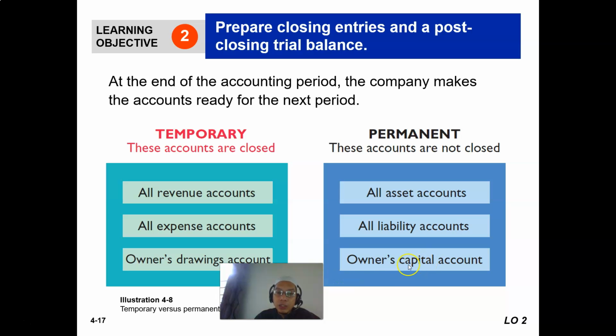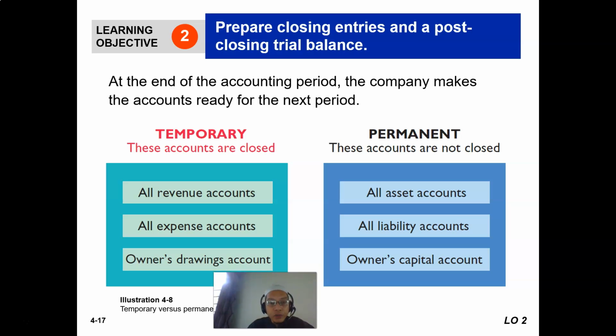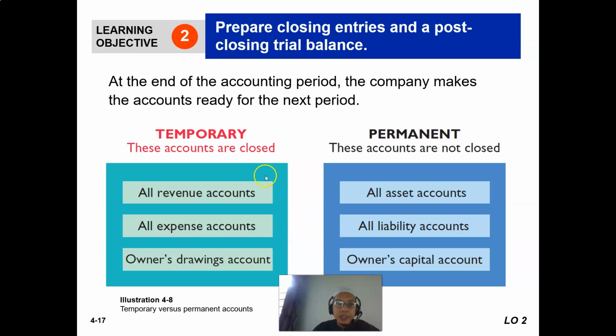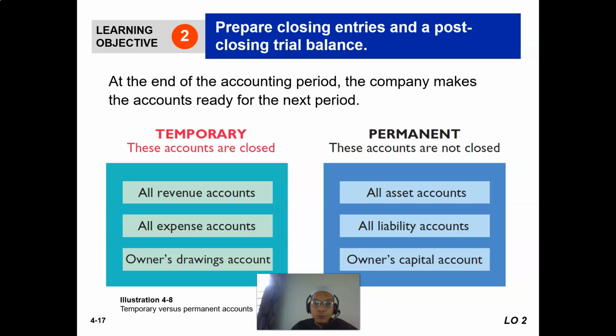Similarly with owner's capital, the owner invests money in the business not for one year, not for one month, but for the rest of his life even. Therefore, we don't close the accounts of the owner. So some accounts will be closed, but some accounts will still be open.